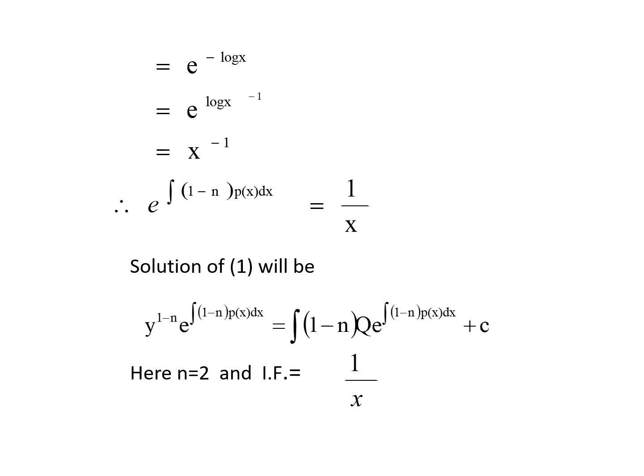After the previous slide, we got e to the power of minus integral 1 by x into dx. The integral of 1 by x into dx is log x. So that is how we got e to the power of minus log x. Move on to the next line, which is equal to e to the power, we have a formula that log a power b can be written as b into log a.